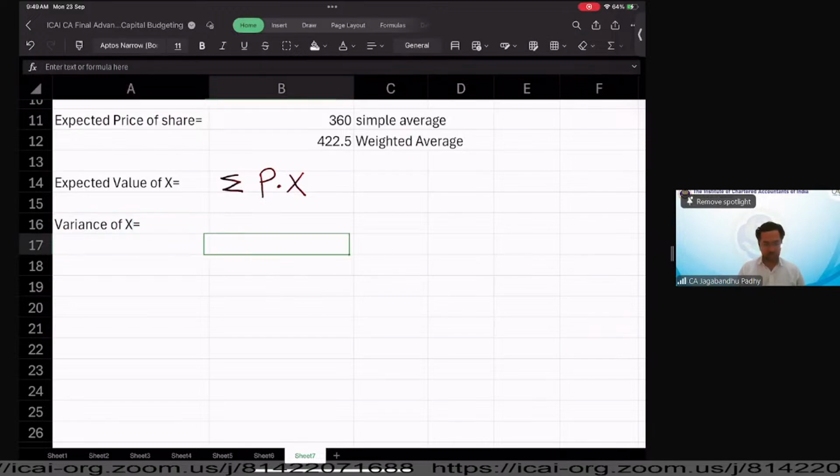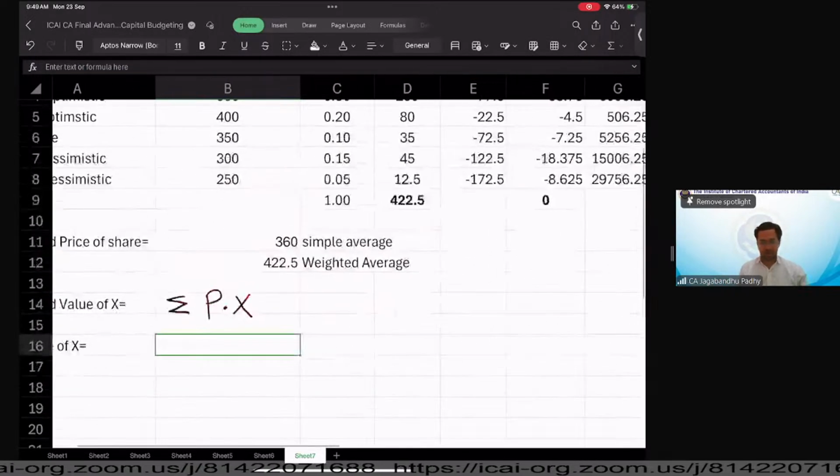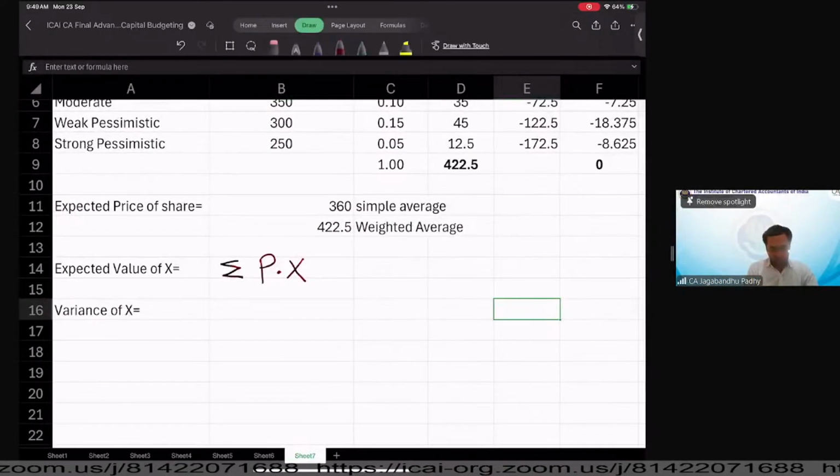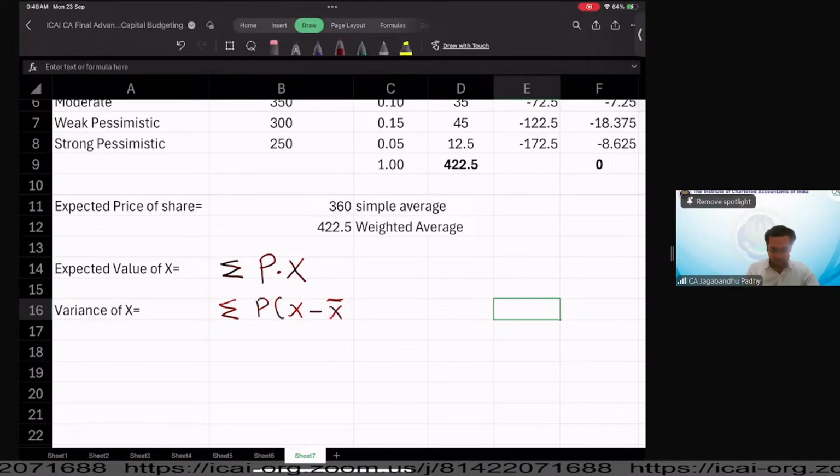Variance of x. How do we calculate this variance of x? It is again simply the summation of probability into x minus x bar, or expected value, square.